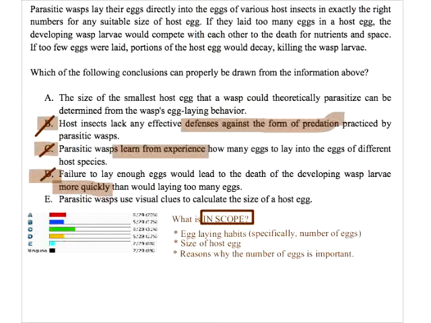And then parasitic wasps use visual clues. We don't know that. We know that they have to somehow know how big the right host egg is. But we don't know that they do that by seeing the egg, which is what choice E is saying. I mean, they could do that by many other ways. It doesn't have to be visual inspection of the egg. So that means that the correct answer must be A, because everything else is out of scope.